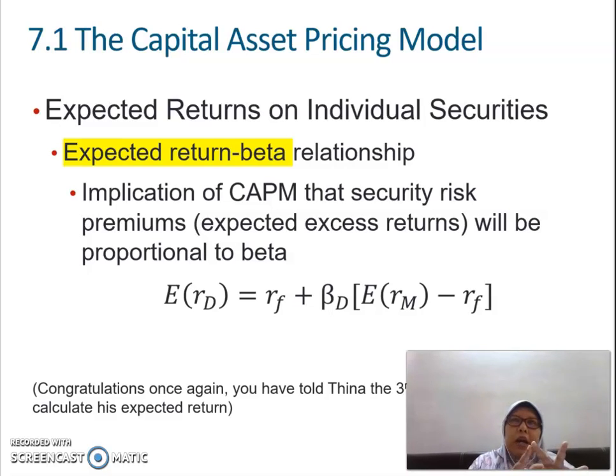The third one is the extension, that is CAPM. You can tell Tina that you can find expected return by considering the risk premium that he has taken. All right? In the next video, number 2, we are going to see the graphical representation. Till then, bye-bye.